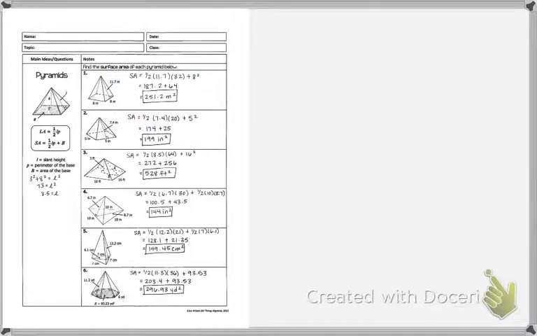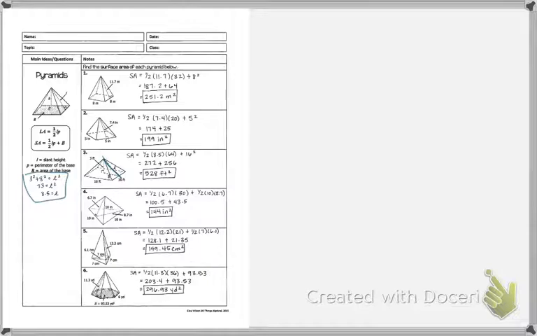Let's go to a more difficult one because we're missing a piece. Let's go to number 3. We had to employ the use of the Pythagorean Theorem. I need to find what this lateral height, or the slant height, is. It's not given to me, so I need to know how to get it.